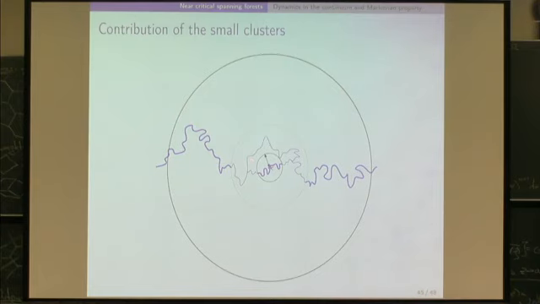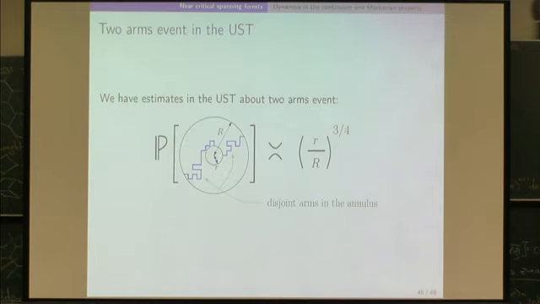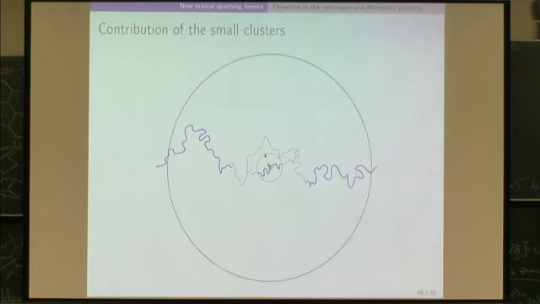So here you have two arm events in this small circle, and then another two arm events in this annulus. And we can control arm events, like it's done for percolation. I mean, we have information about that in the uniform spanning tree. So we have estimates which permit us to deal with such a picture.